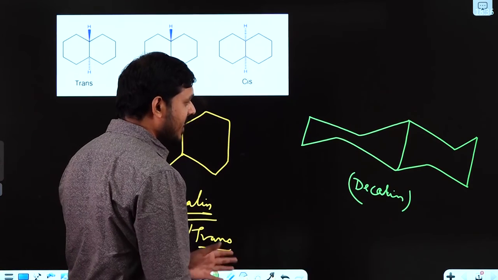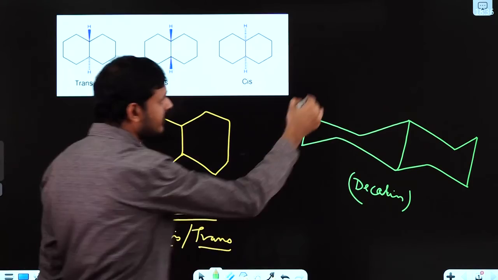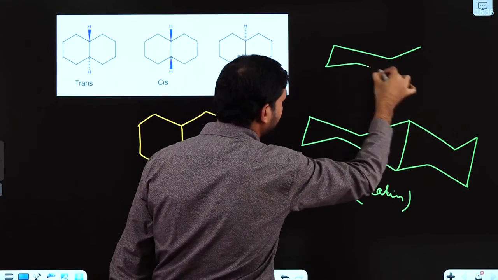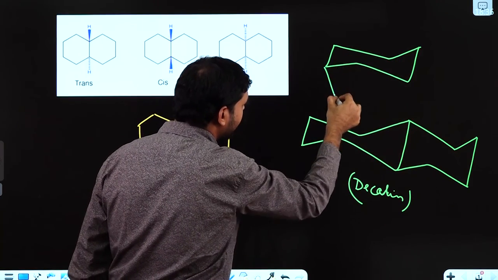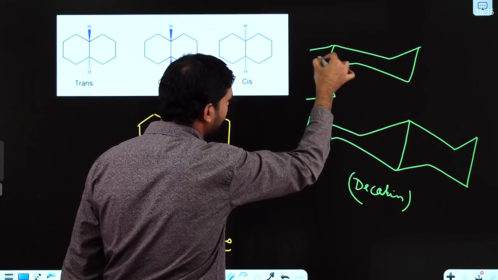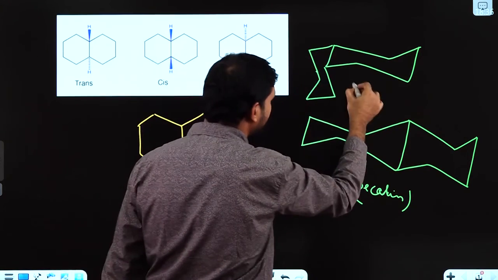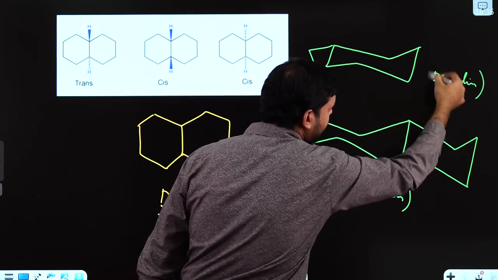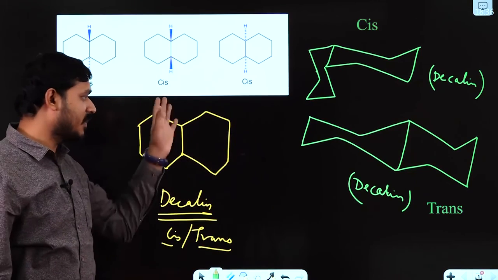Another type we can say is, now here you can understand this as one part smaller, so it will be bigger and it will be smaller. So this is another decalin. Okay, so these are your decalin cis and trans forms, right? In this way it is represented.